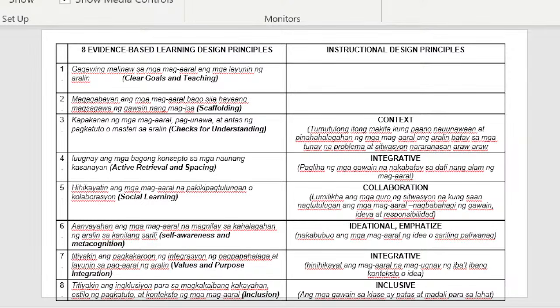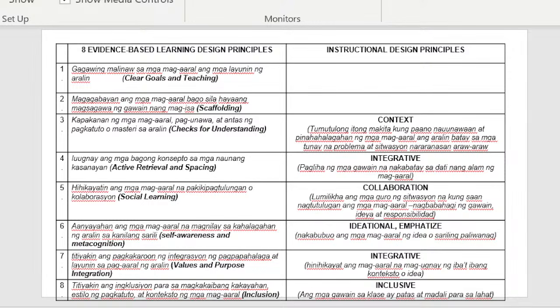Active retrieval and spacing, so we connect it with the previous learnings, because in the current framework the content has developmental progression from simple concepts to complex concepts.